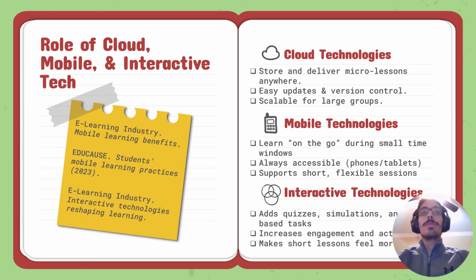Mobile devices fit the natural pattern of short, flexible learning moments through the day, and interactive technologies like quizzes, simulations, and touch-based elements make learning more engaging and active. These tools help transform short lessons into meaningful learning experiences.